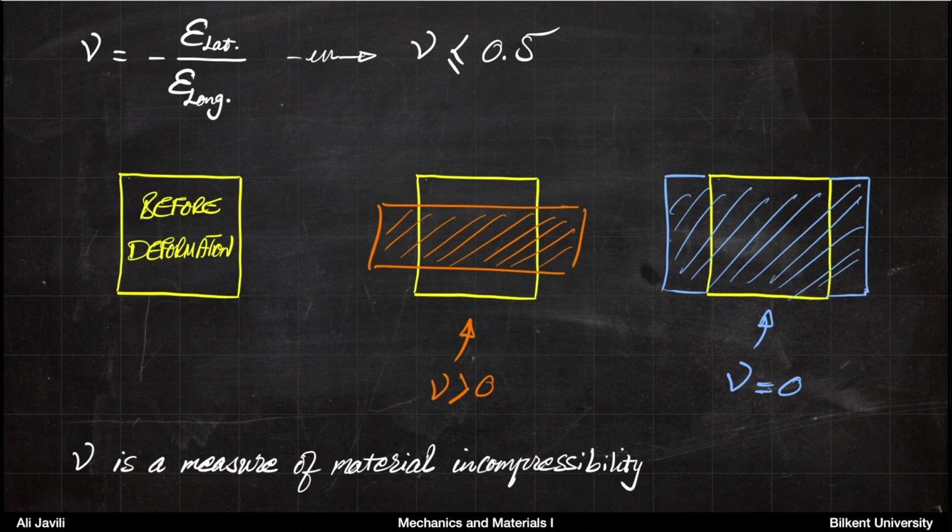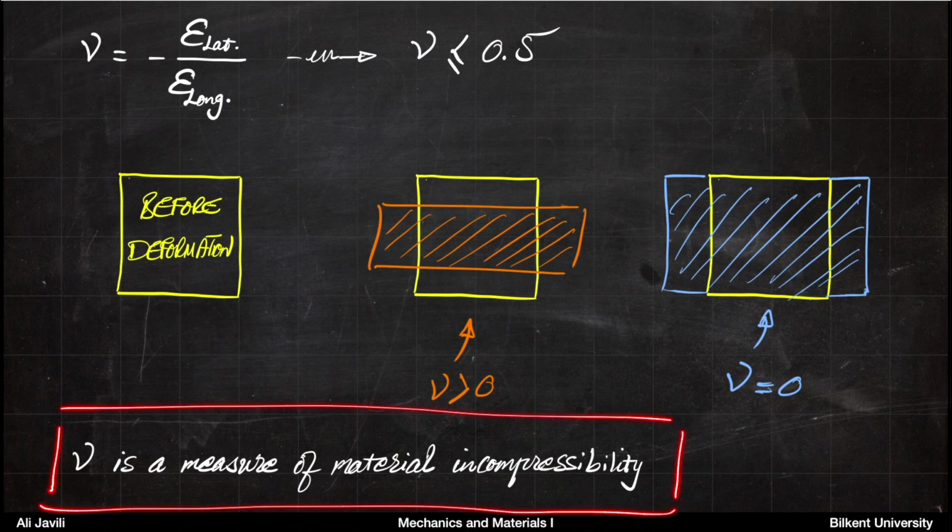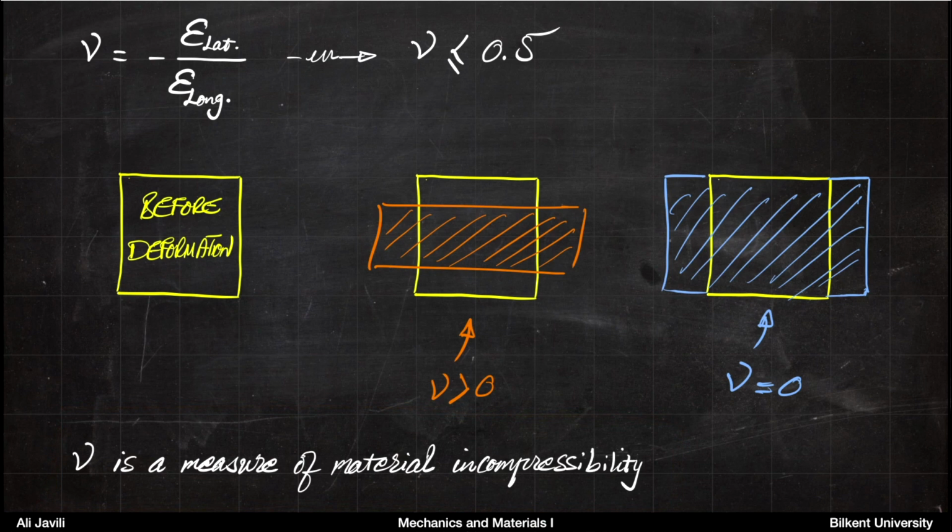So from this picture, maybe you can now imagine that Poisson's ratio is a measure of material incompressibility. It tells you how compressible or how incompressible a material is.